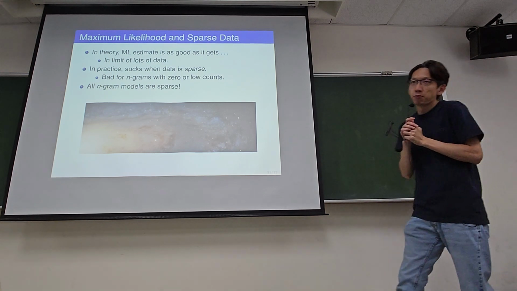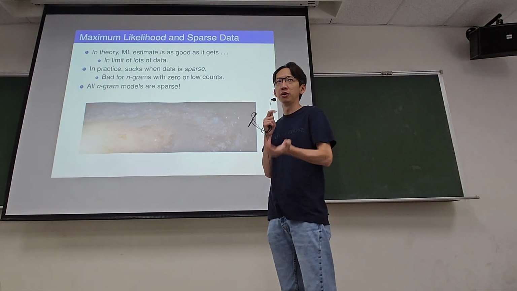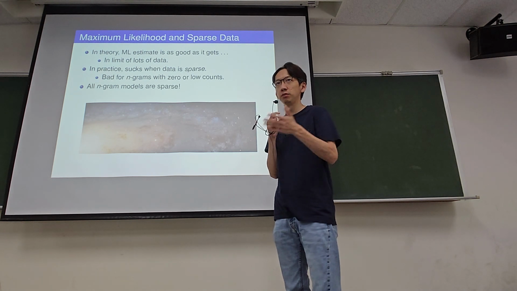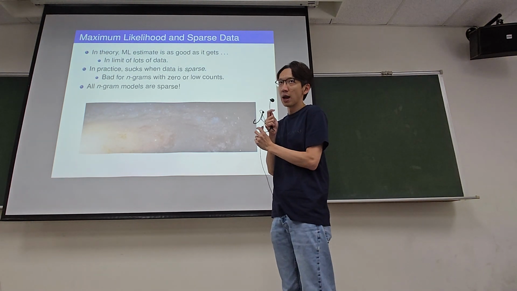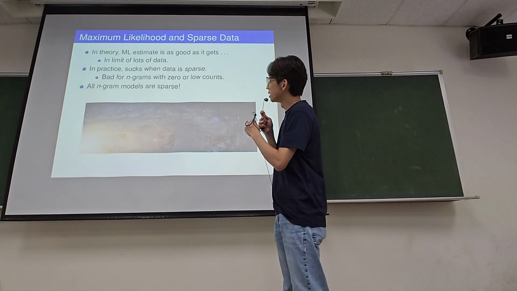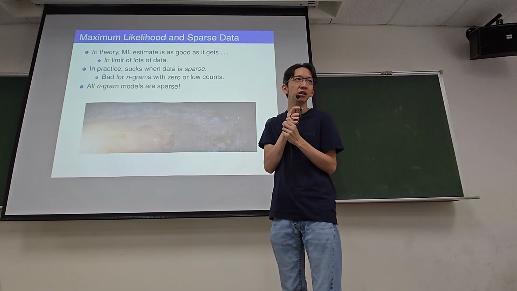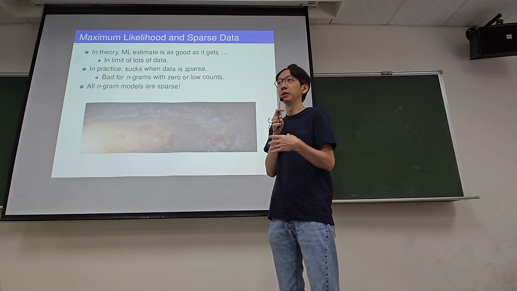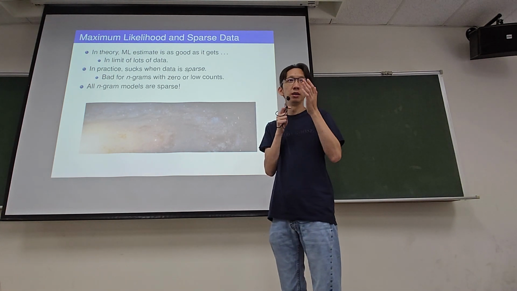So that's the problem with learning. We're doing data-driven learning, and everything is based on maximum likelihood estimation. In theory, maximum likelihood estimation is as good as it gets if you have a lot of data. But if you don't have a lot of data, it is finding parameters that maximize the likelihood of the data you see.